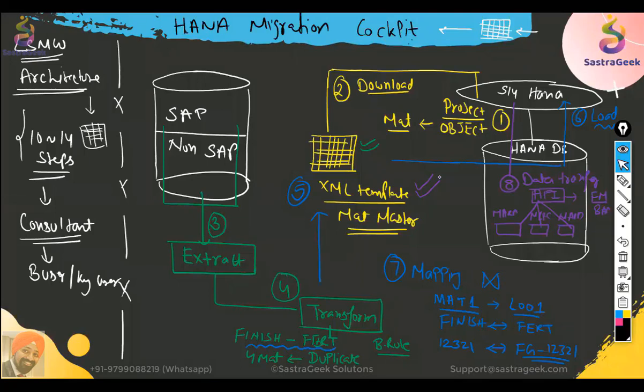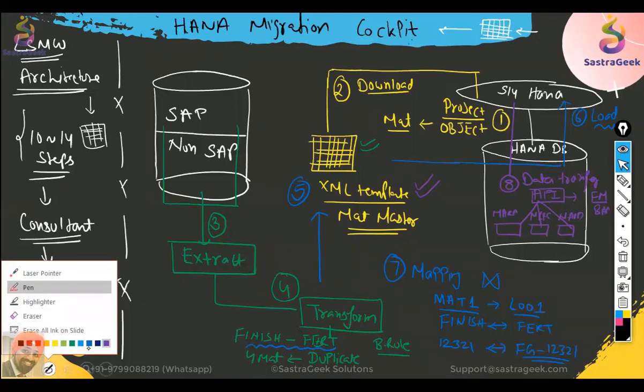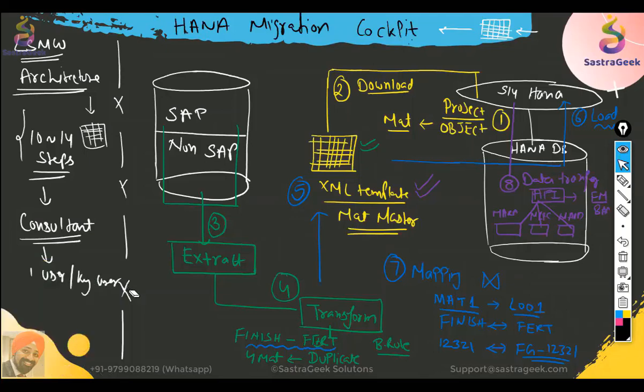With this HANA migration cockpit, there would be basically 2 transactions. What would be the 2 transactions? The 2 transactions which we are going to use are LTMC and LTMOM. First is LTMC.